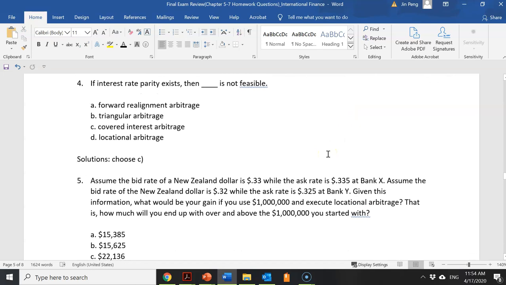Question number 4. If interest rate parity exists, then option C, covered interest arbitrage, is not feasible anymore. If you're not familiar with interest rate parity, you can go back to our slides. There are detailed explanations in the slides.